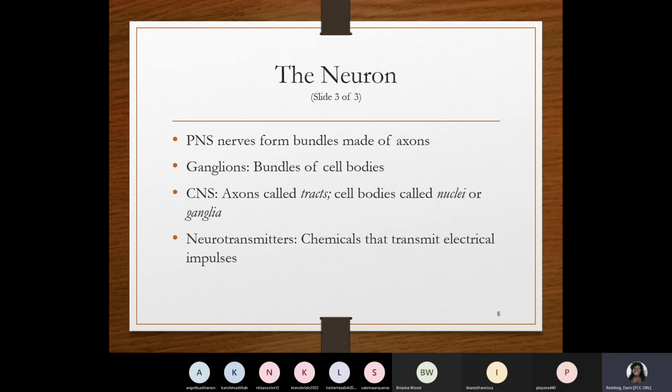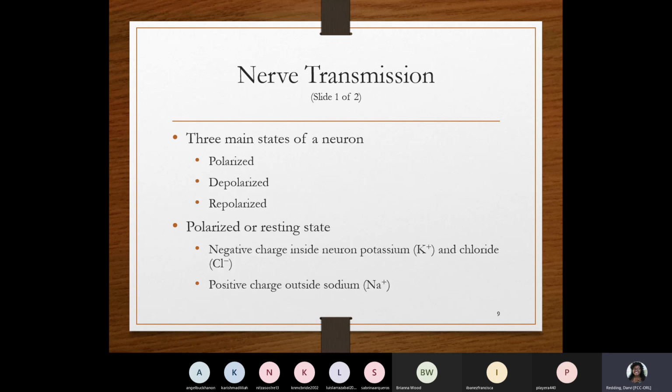Neurotransmitters can excite or inhibit other nerve cells or body tissues, and the nervous system uses them to communicate messages. They work by binding to receptors that specifically activate, like a lock and key, which works by triggering a response.